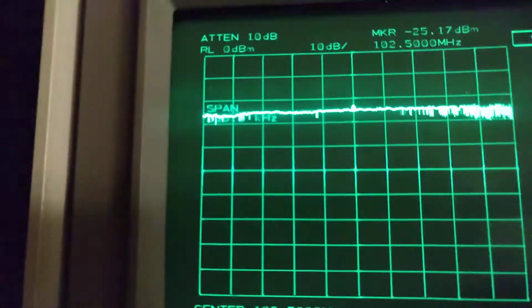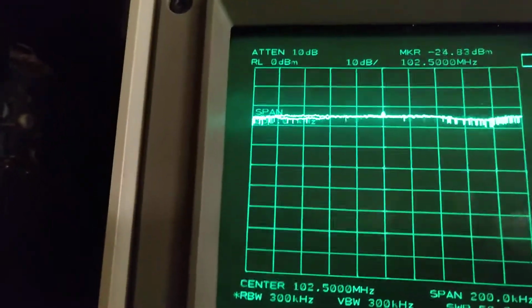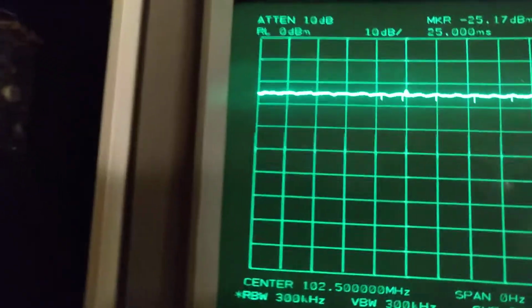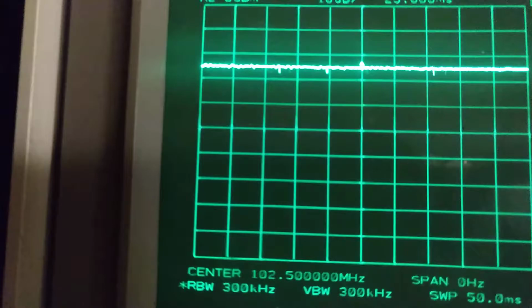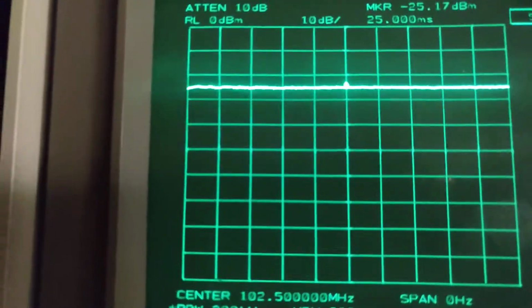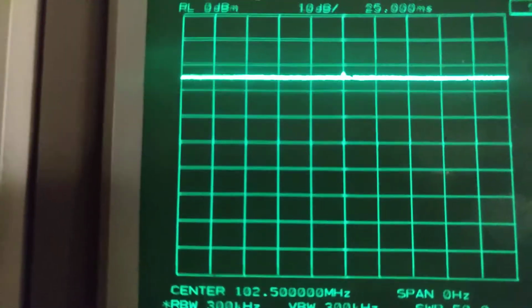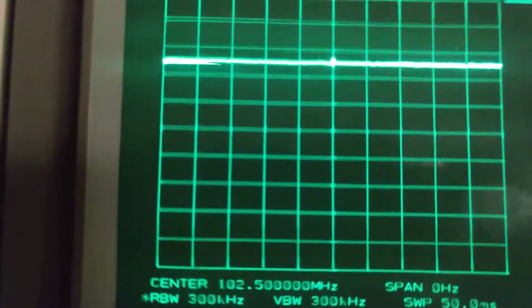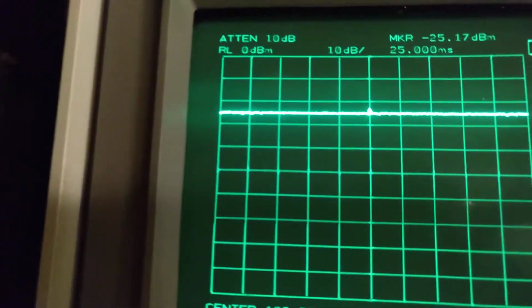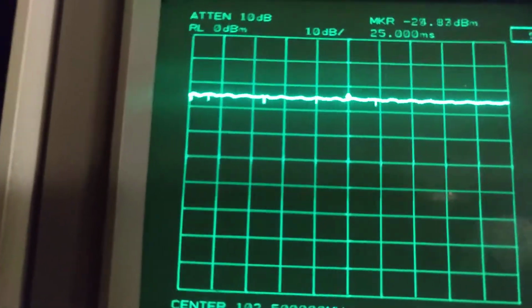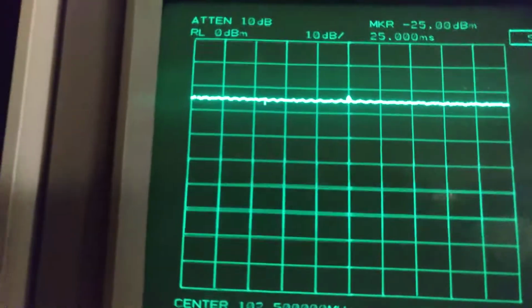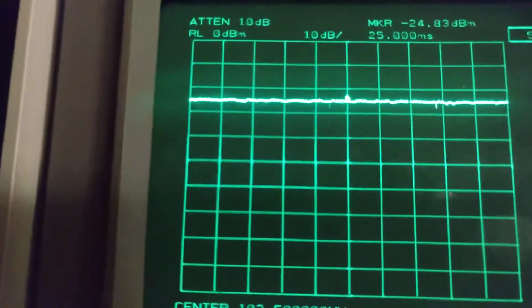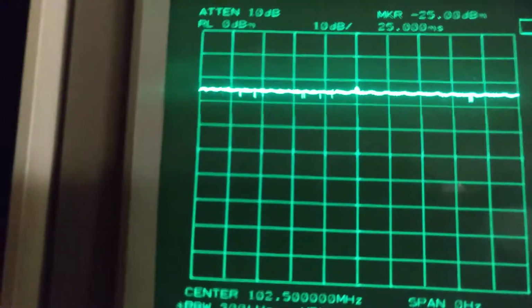If I go to zero span, you can see clearly that there are only sometimes little spikes because the modulation goes over the filter, but now the measurement is quite steady, some tenths of dB.